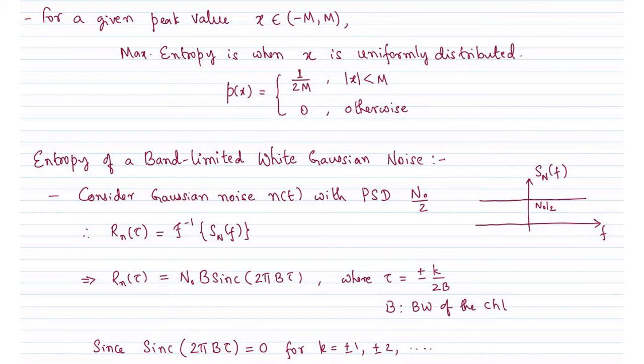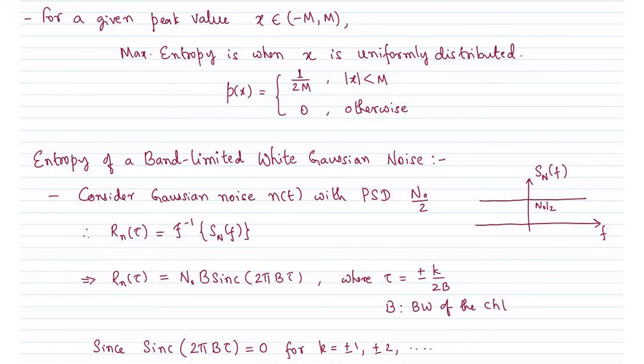By the definition of the inverse Fourier transform, this autocorrelation function is given as N0 times B times sinc of 2 pi B tau.